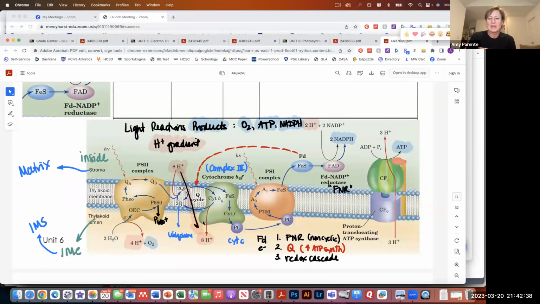I can translocate more protons, contribute more to my proton gradient, and increase my ATP synthesis. With me?